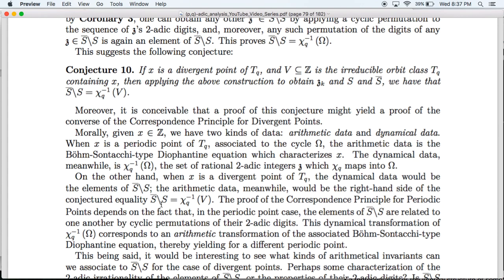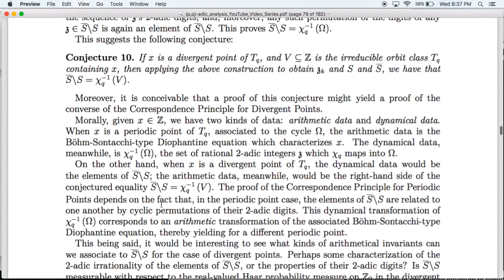The proof of the correspondence principle for periodic points depends on the fact that in the periodic point case, the elements of s bar take away s are related to one another by cyclic permutations of their two-adic digits. This dynamical transformation of chi q's inverse of big omega then corresponds to an arithmetic transformation of the associated Bohm-Sontachi type Diophantine equation, thereby yielding an equation for a different periodic point.